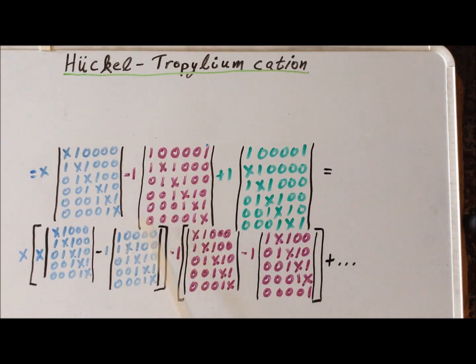To reduce the purple 6 by 6 determinant, we're doing something very slightly different here. While we could expand along the first column, we are just as able to expand along the first row. And that is exactly what we're doing here. Notice in the first case, we remove the first column and the first row.